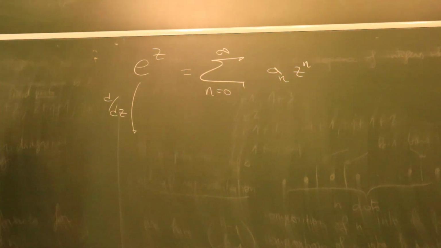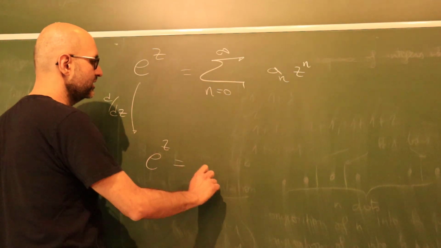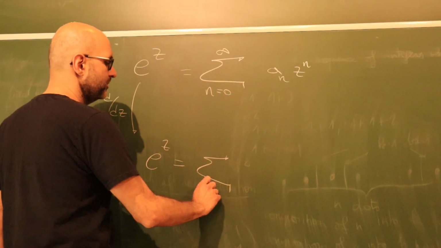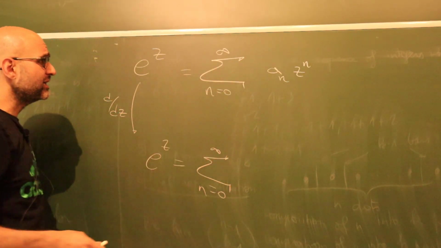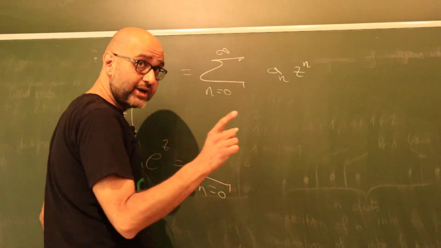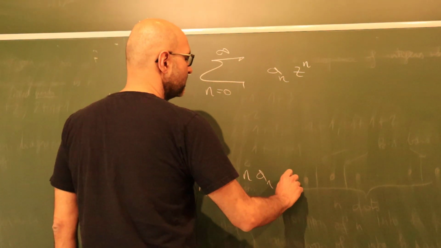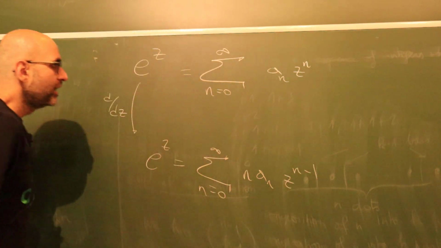So if we take the derivative with respect to z on both sides, we end up with the same function here. And if we take the derivative on the right-hand side, assuming absolute convergence for now, you have n times a sub n, z to n minus 1.